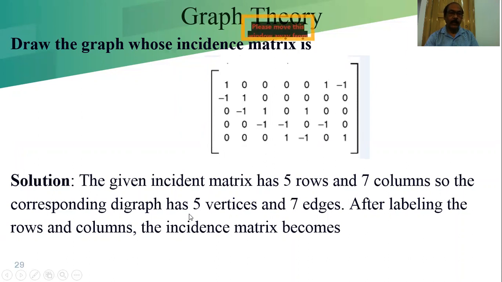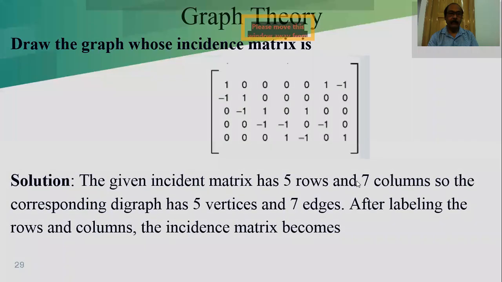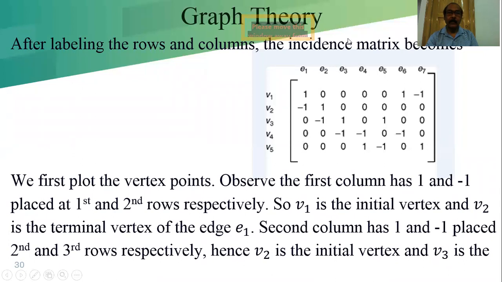So the corresponding digraph has 5 vertices and 7 edges. After labeling the rows and the columns, the incident matrix becomes: like the previous, we have to label it, vertex labels and edge labels. This we got by labeling V1, V2, V3, V4, V5, E1, E2, E3, E4, E5, E6, E7.